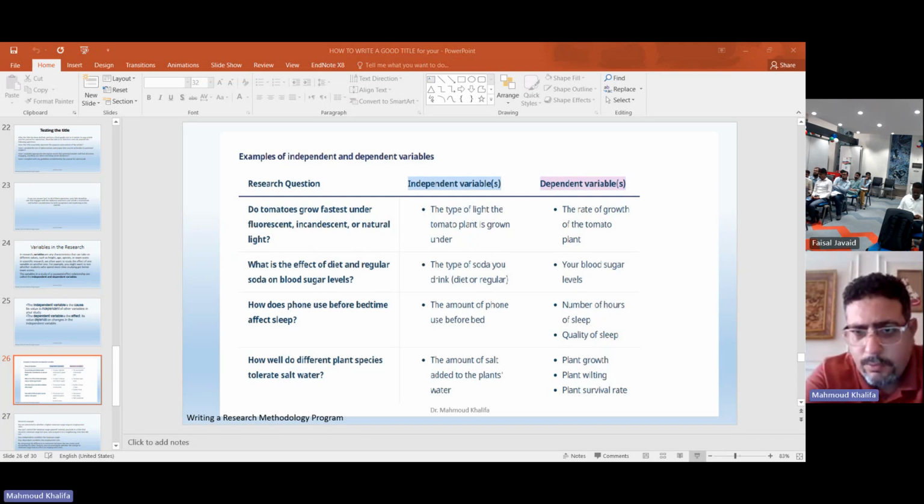Are there any variables except independent and dependent? Sometimes you can use an intermediate variable. Sometimes you use 3 variables in the title. The third one is called the intermediate variable, which helps the independent variable affect the dependent variable.